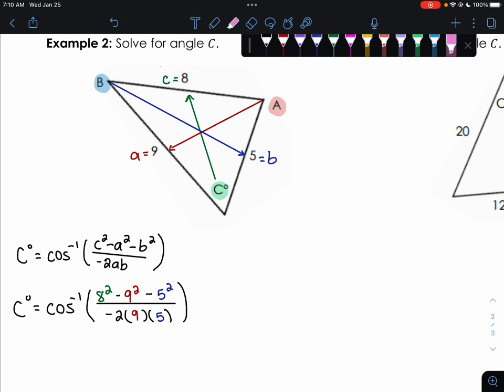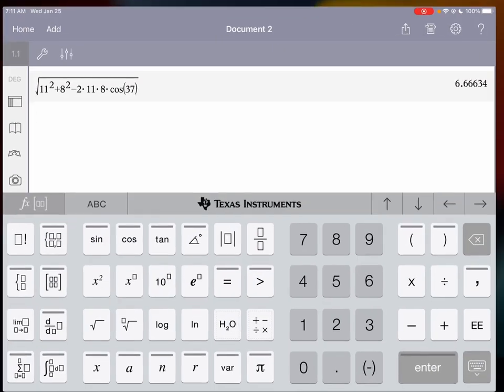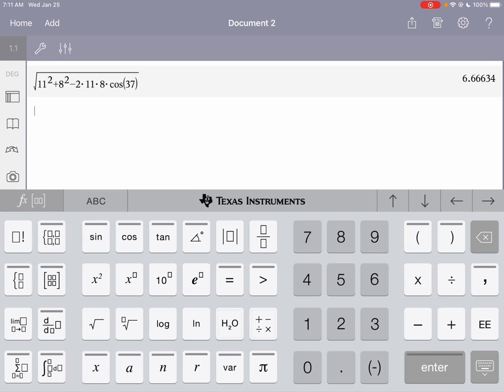So we're going to go ahead and type this part right here into our calculator. I'm going to switch over to a calculator. If you need to, you can pause the video to make sure you type it in correctly. I'm going to use cosine inverse and my fraction button. On top, I'm going to have 8 squared minus 9 squared minus 5 squared all over negative 2 times 9 times 5.